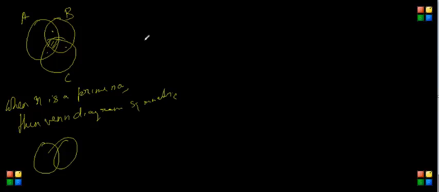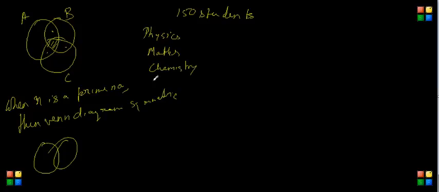We'll take up a problem involving 4 variables to start with, and then we'll build up on the concept. Let's say there's a class of 150 students, and there are 4 subjects: physics, maths, chemistry, and English.